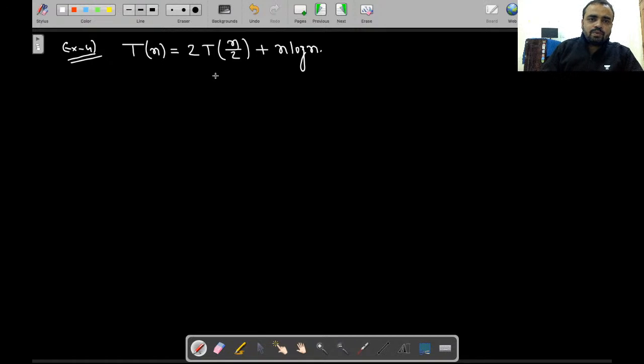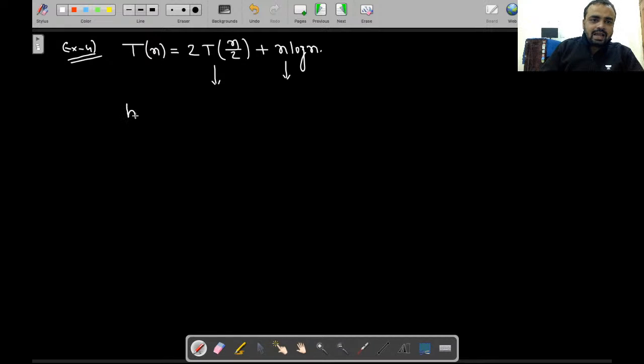So what we will do? We will compare this value with this value. So how you will compare? So this value, that is the n to the power log of a on the base b, sorry, okay.